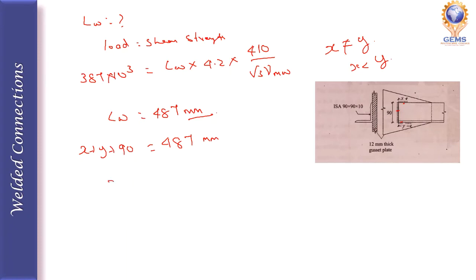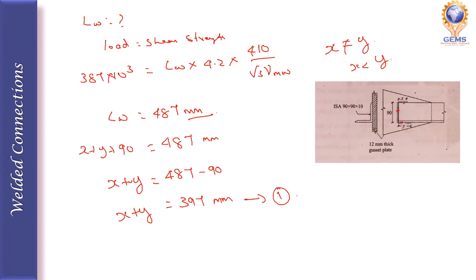So x plus y is equal to 487 minus 90, which gives 397 mm. So we have one equation: x plus y is equal to 397 mm. How can we find the x and y values from the diagram?